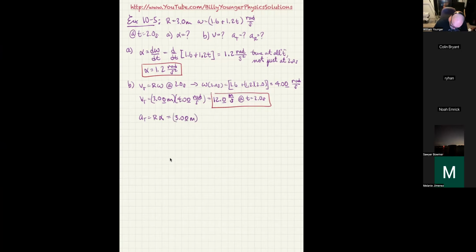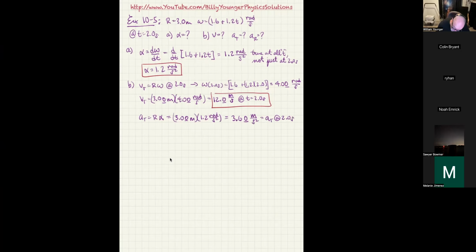Then times the alpha, which we found out was a constant, 1.2 radians per second per second. So we get 3 times 1.2, which is 3.60. In this case, we're just going to throw the radians away because we're allowed to do that, and we get meters per second every second is equal to a tangential at 2.0 seconds.